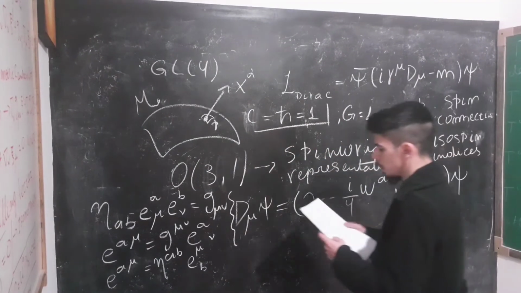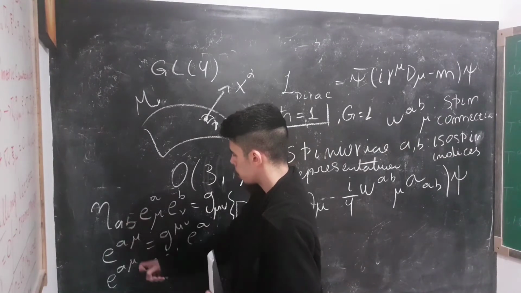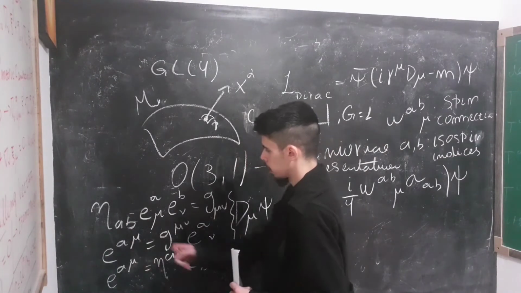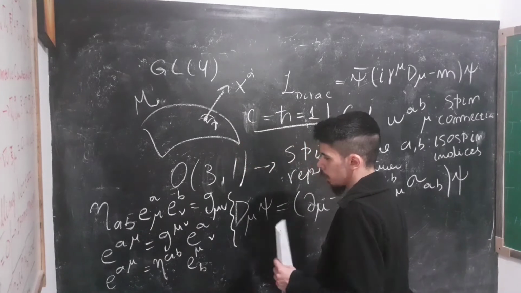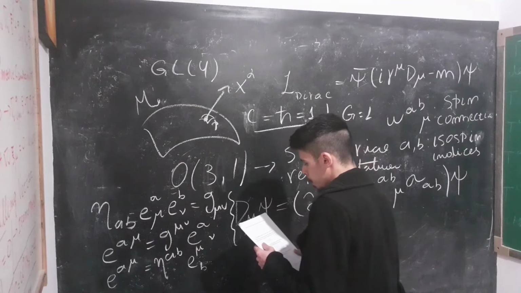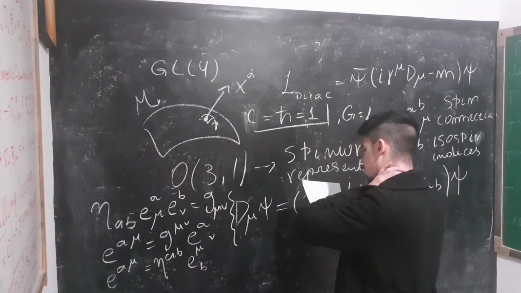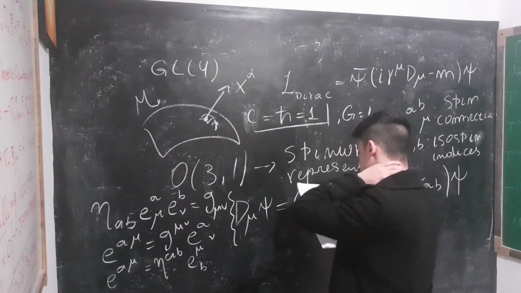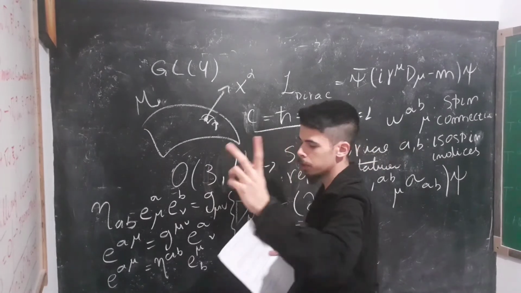So this determines what we call the tetrad. As I say, there are some exceptions. If we are at a singularity point, we cannot do this, but we are not, so there's no problem. And this determines uniquely the tetrad in terms of the curved metric, and obviously vice versa.